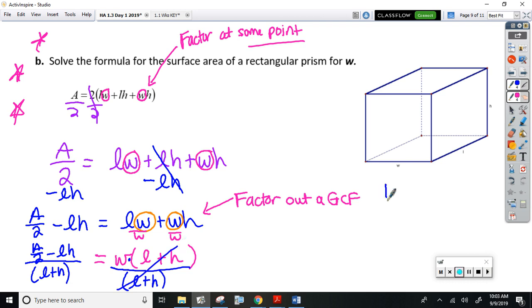So the answer that I've got is A divided by 2 minus LH all over L plus H. And you can put parentheses around that if you'd like. Don't need them though, because of the big fraction bar.